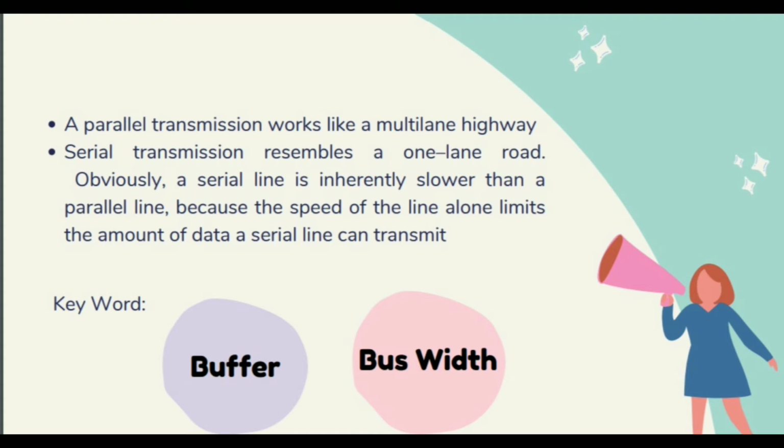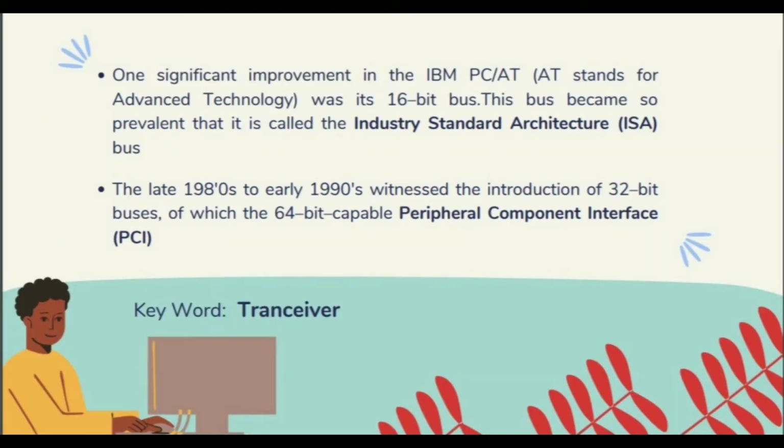For example, ISA supports 8 and 16-bit bus widths. EISA and MCA support 16 and 32-bit bus widths, and PCI supports 32 and 64-bit bus widths. One significant improvement in the IBM PC AT, where AT stands for Advanced Technology, was its 16-bit bus.